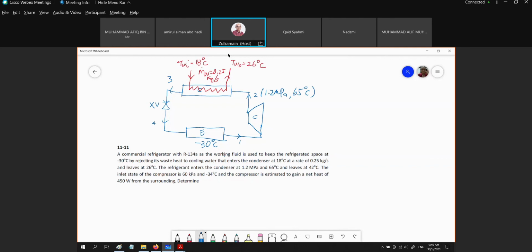And it leaves at 42 degrees C. So this is the refrigerant leaving the condenser at 42 degrees C.